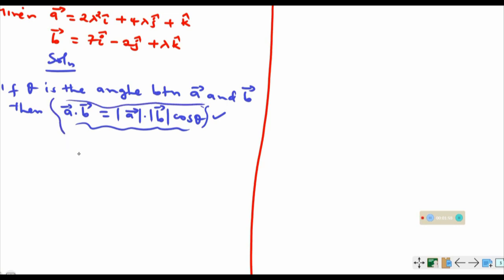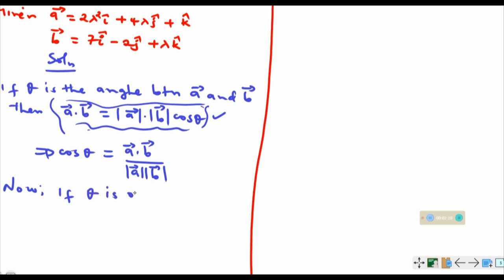Now, from this relation, we can easily say that cos of theta is the same as vector A dot vector B divided by magnitude of A times magnitude of B. So from here, we are given that theta is obtuse.